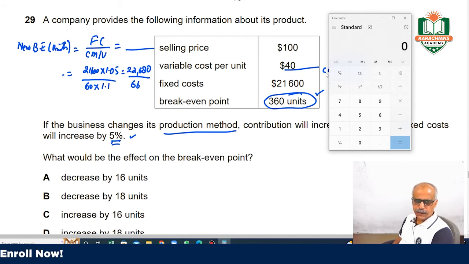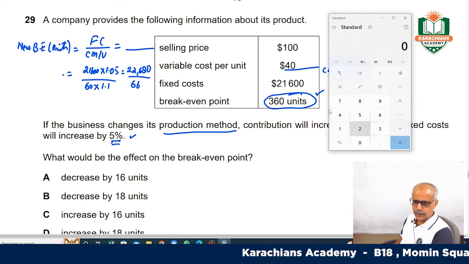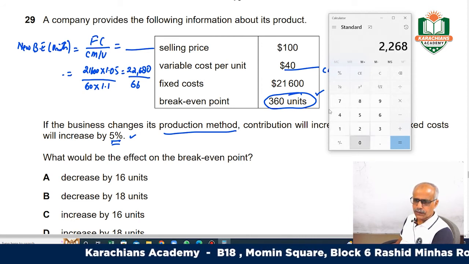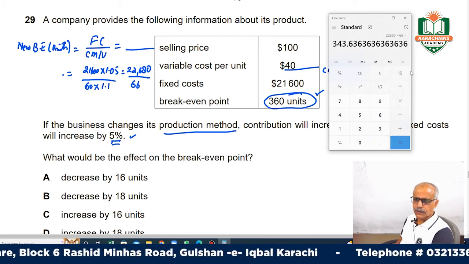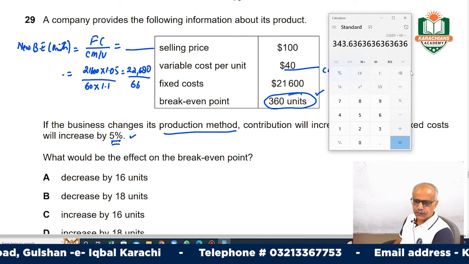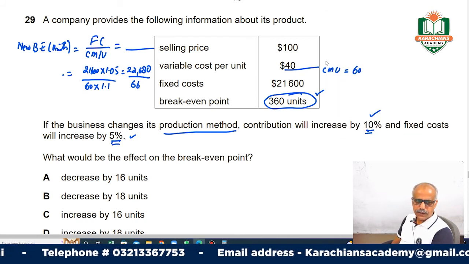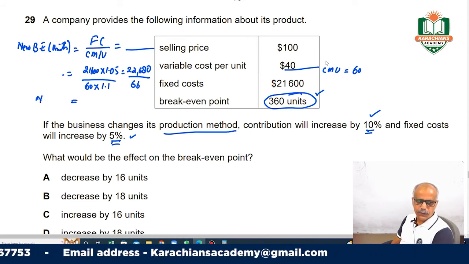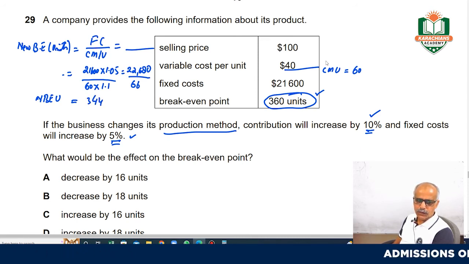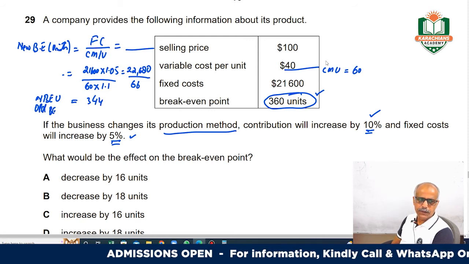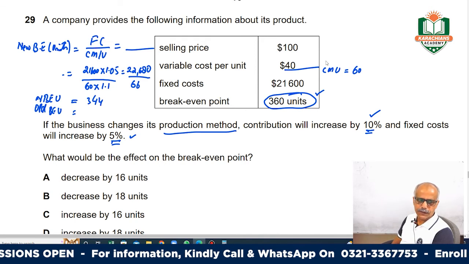Contribution margin with the 10% increase is 66, and your fixed cost is 22,680. 22,680 divided by 66 is 343, meaning 344. The new break even units will be 344, and the old break even units were 360.